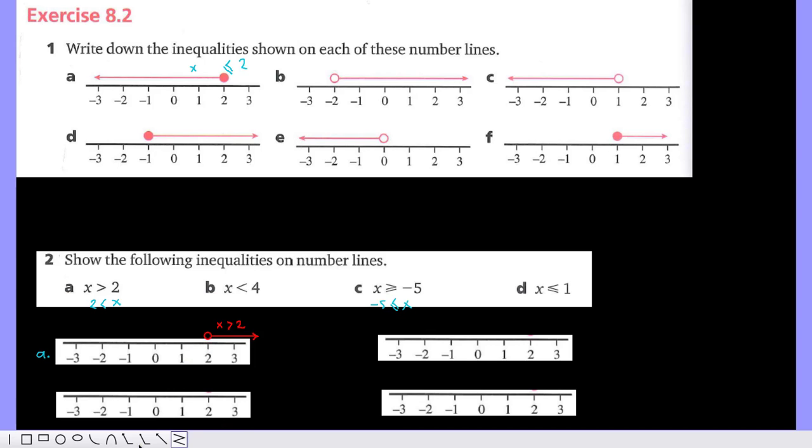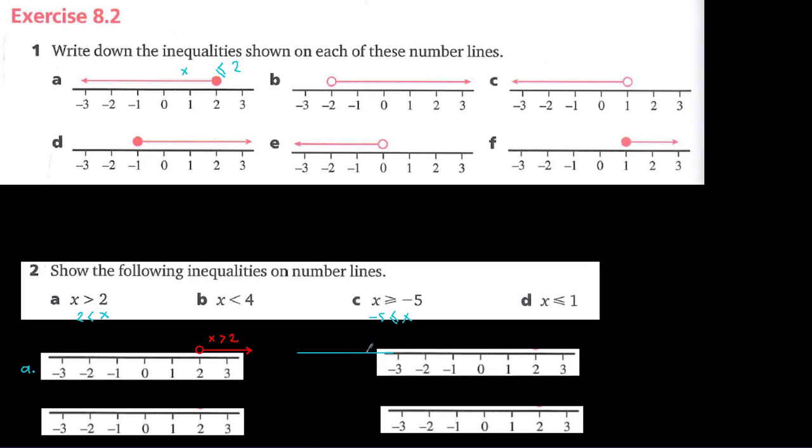Because C is greater or equal to, I'm going to continue with the C now. Here in C, x is greater or equal to minus 5, or minus 5 is less or equal to x. In this exercise, I cannot find that one because this one is only with minus 3. Let me continue like this. For the C I'm drawing this one.